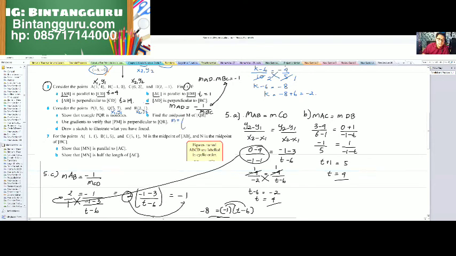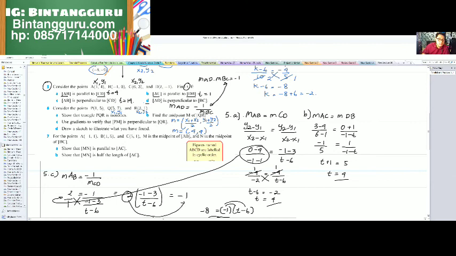The midpoint is (x1 plus x2) over 2, (y1 plus y2) over 2. So the midpoint will be 5 plus 3, 8 over 2, so this is 4, and 7 plus 1, 8 over 2, so 4. So the midpoint is (4, 4).